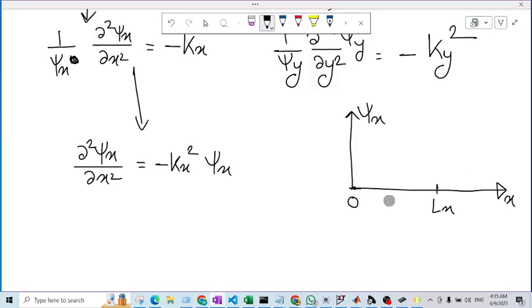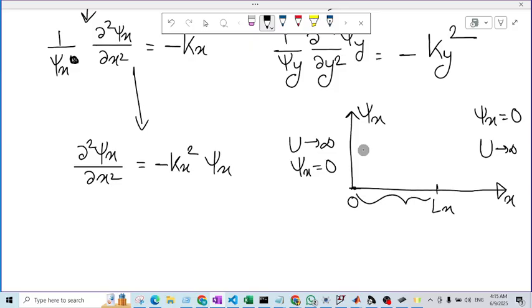So outside of 0 to Lx, outside of this region, the potential energy is infinity, and here also the potential energy is infinity, right? And I have mentioned to you previously that one particle needs infinite energy to stay here, but it's not possible. That means the wave function psi x here is 0, and psi x here is 0. That means I will get a nonzero psi x only in this region.